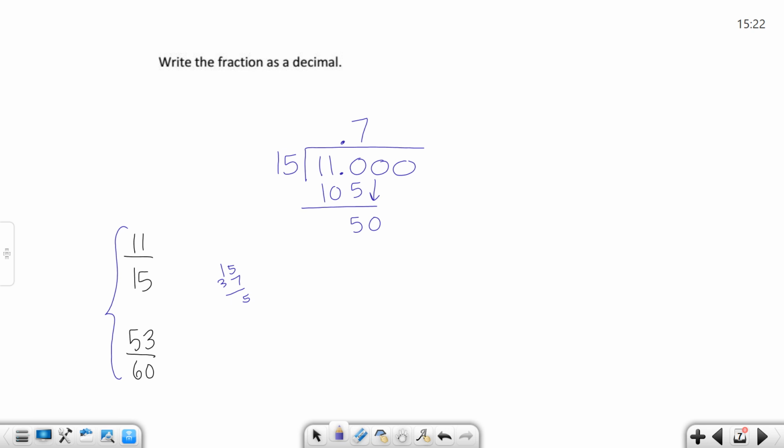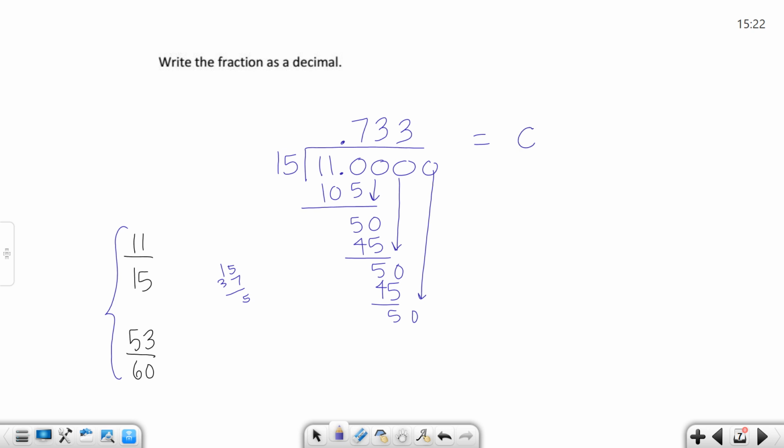Okay, so now how many times does 15 go into 50? Well, it goes 3 times because that's going to give me 45. Okay, so I get a 5 there. And then I see something's happening, it's repeating. And so this is going to be what we call a repeating decimal.